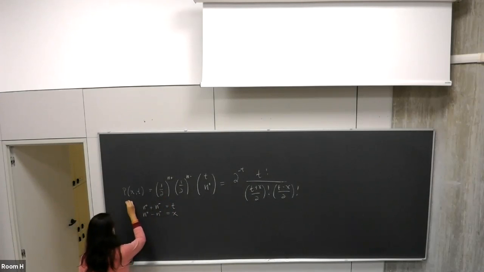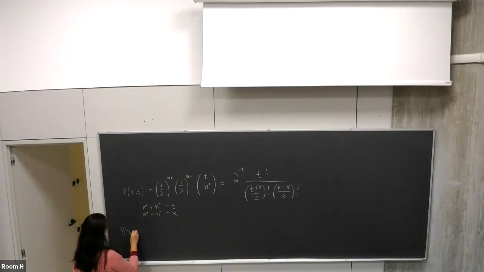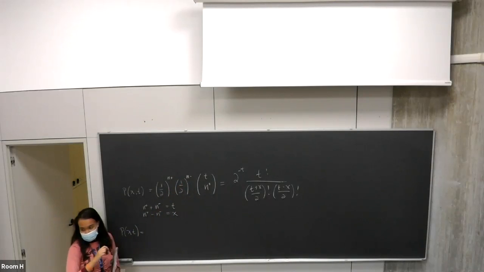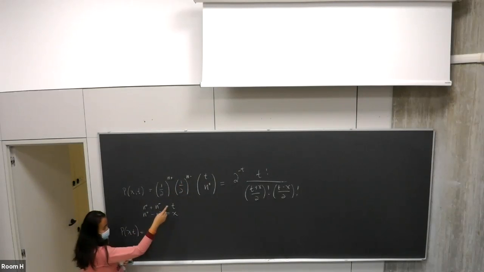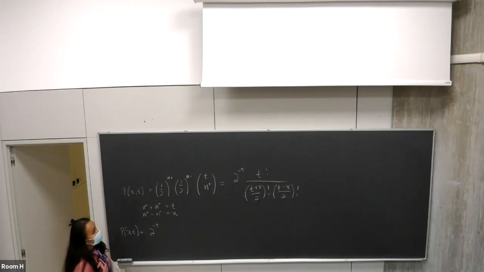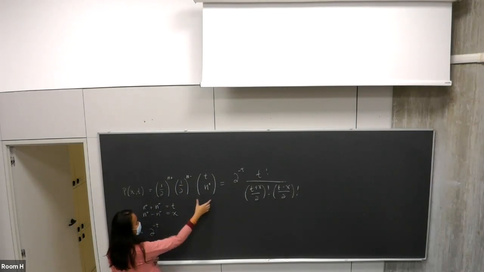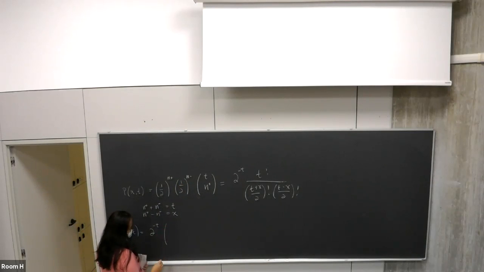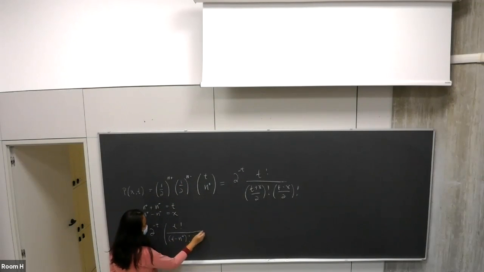So first, we can combine this to have 1/2 raised to the sum of n plus and n minus. So you have 1/2 raised to t, which is the first expression there, which is 2 raised to negative t. And this last part can be written as t factorial over (t minus n plus) factorial and n plus factorial.